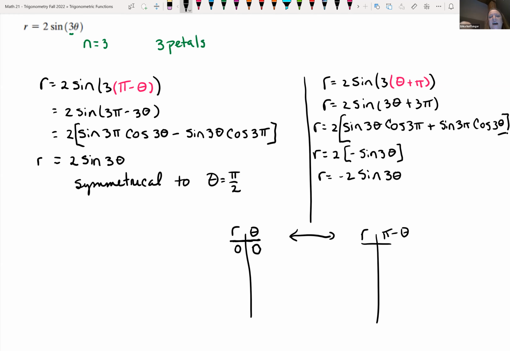So if I have 3 theta is equal to pi thirds, and so if I divide, that would be pi over 6. So let's look at that, pi over 6, which is 30 degrees. So 30 degrees times 3.